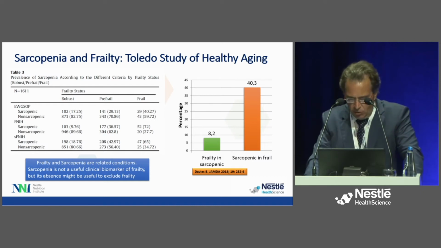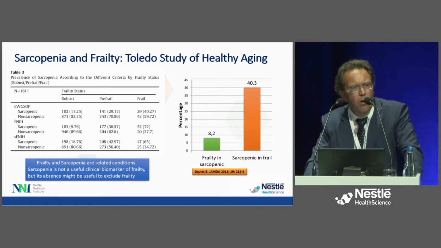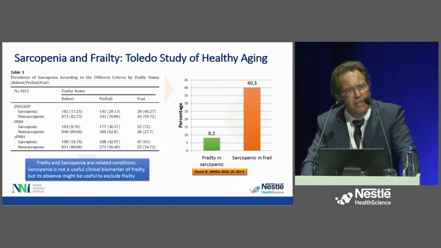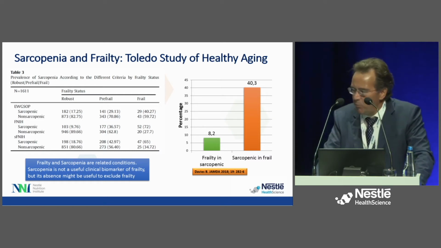In this study that was conducted by Franjo, a friend of mine in Toledo, in the Toledo study of healthy aging, one of the biggest in all Europe, they tried to know how many frail participants in this study were sarcopenic and how many sarcopenic were frail. And we have the proportions here.